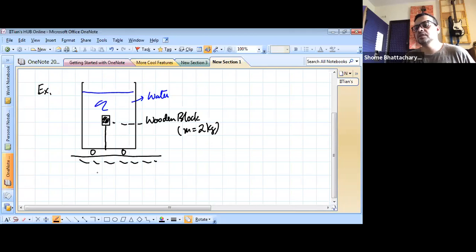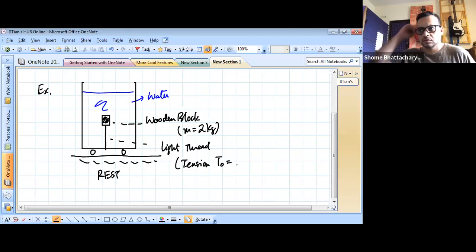Now in this situation, when the tank is at rest, so this is a light thread, the tension in the thread, say T0, appears to be, let us say, 8 newtons. And we'll take g as 10 meters per second square.